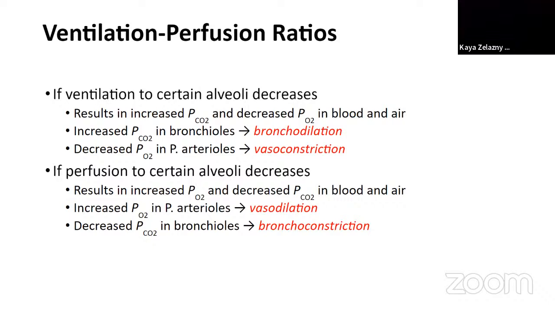If ventilation is decreasing, we're going to have an increase in partial pressure of carbon dioxide, and a decreased partial pressure of oxygen in both the blood and the air. The smooth muscle in the bronchioles responds to that partial pressure of carbon dioxide with dilation, so they're increasing in size. And the arterioles passing by respond to the fact that their oxygen is dropping with vasoconstriction.